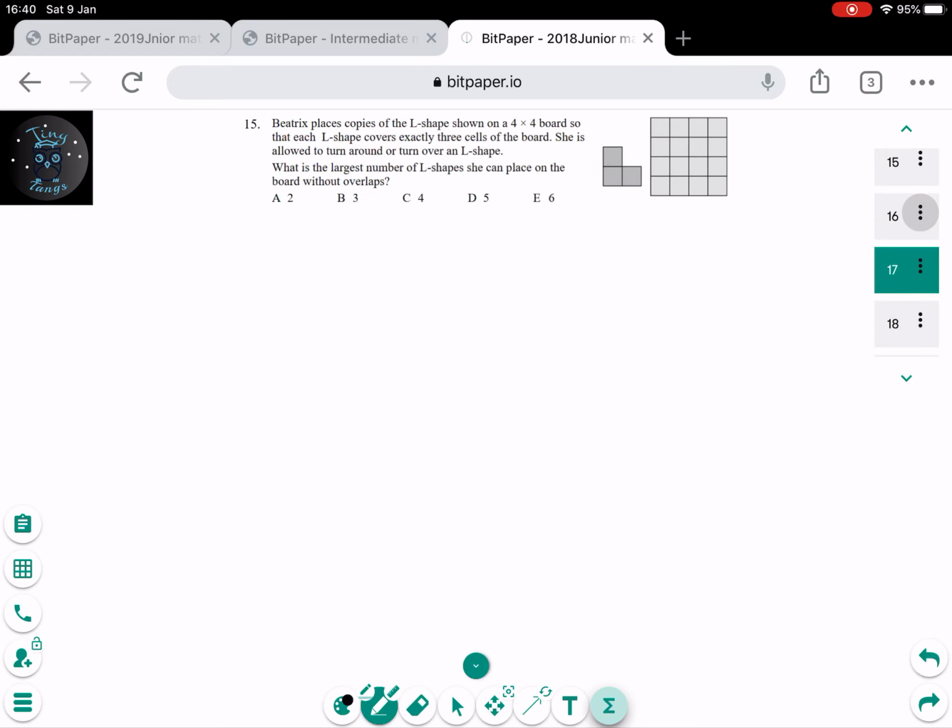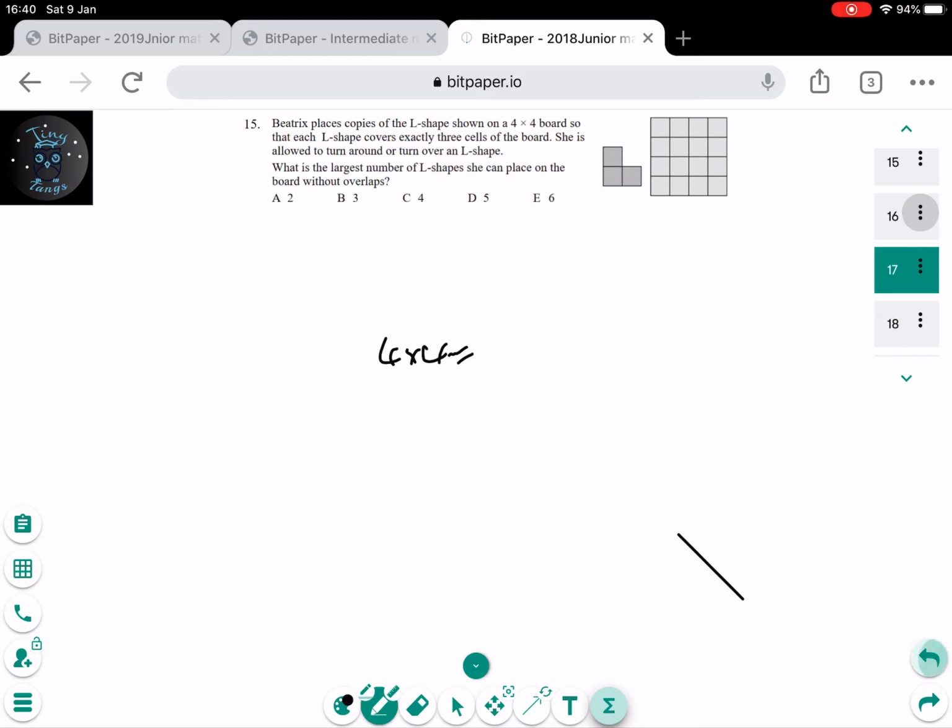For question 15, it asks you basically how many L's it can place. So basically, what we can do here is, the first step is 4 times 4 equals 16.